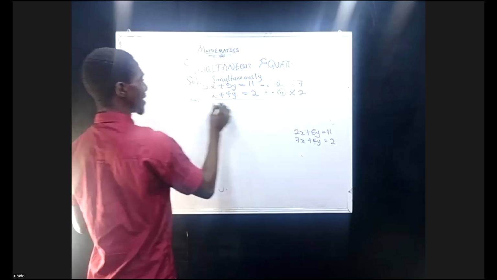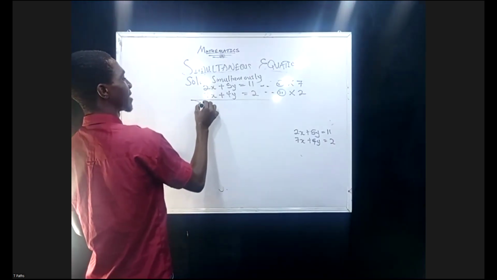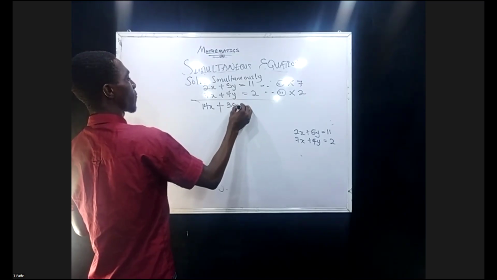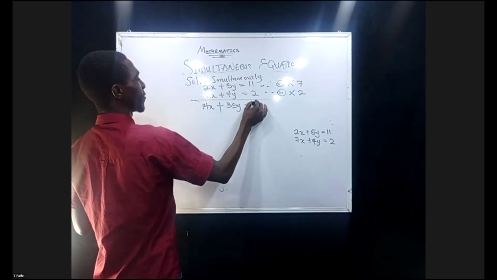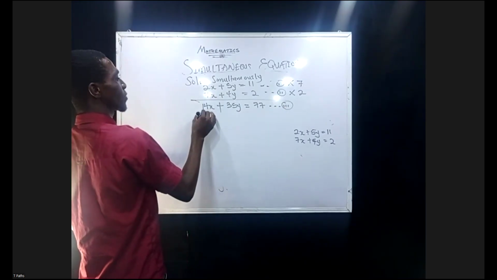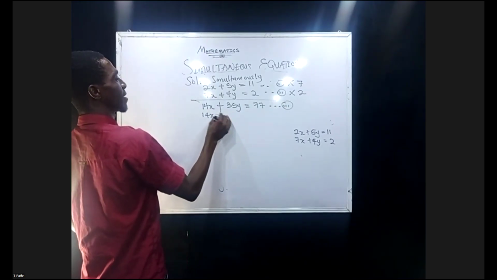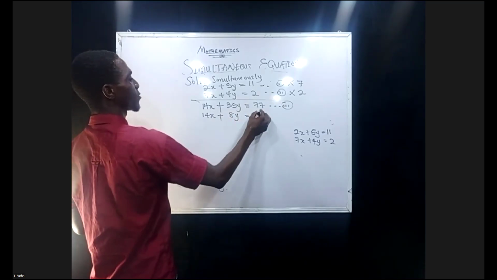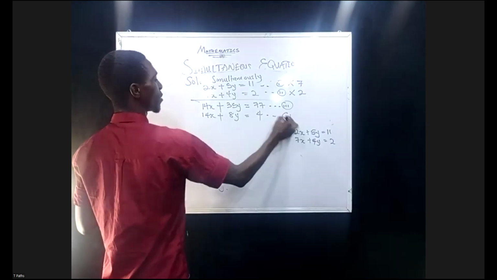This implies 7 times 2x is 14x, 7 times 5y is 35y, 7 times 11 is 77. That is equation 3. 2 times 7x is 14x, plus 2 times 4y is 8y, equals 2 times 2, which is 4. That is equation 4.